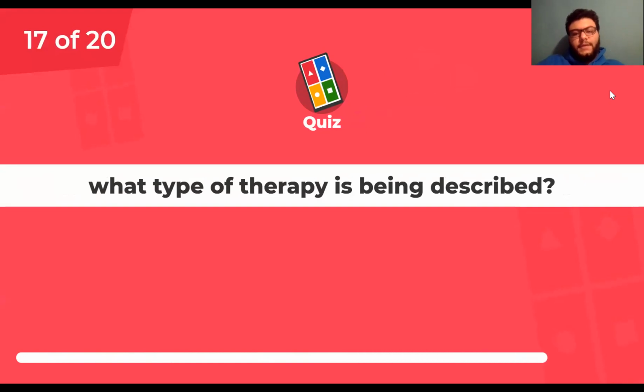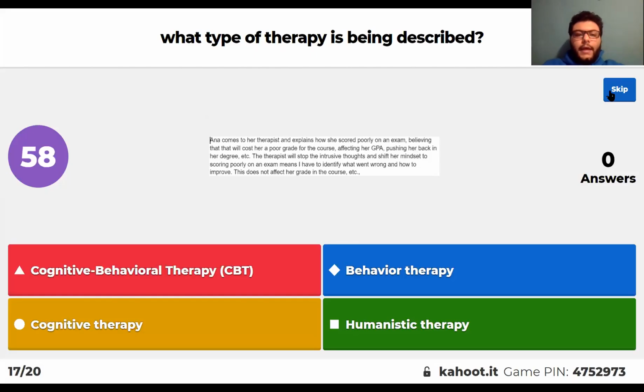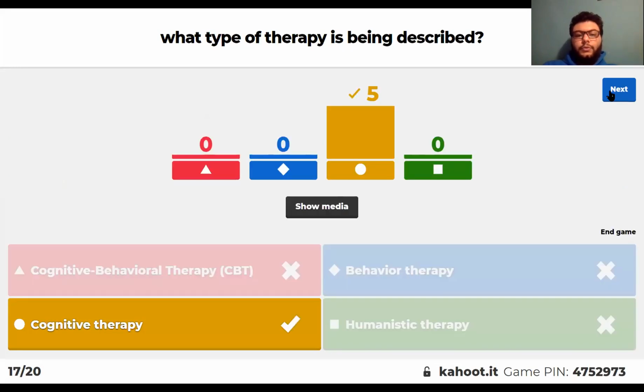What type of therapy is being described? Anna comes to her therapist and explains how she scored poorly on an exam, believing that that will cost her a poor grade for the course, affecting her GPA and pushing her back in her degree. The therapist will stop the intrusive thoughts and shift her mindset to scoring poorly on the exam means I have to identify what went wrong to improve.